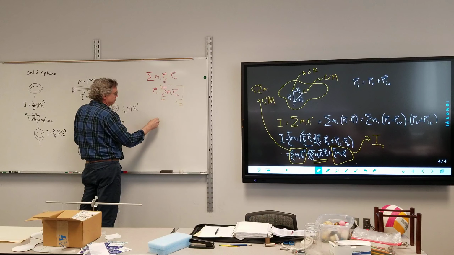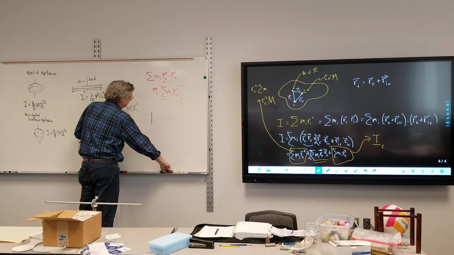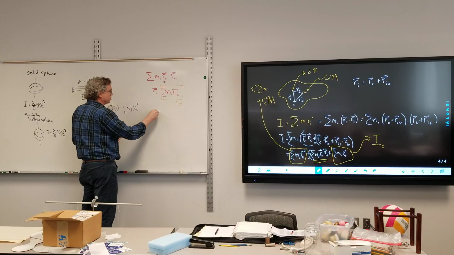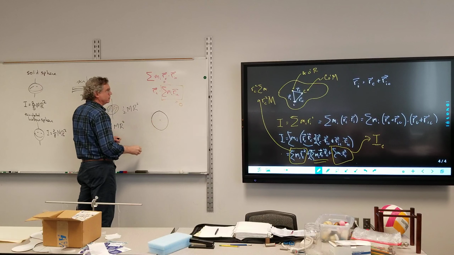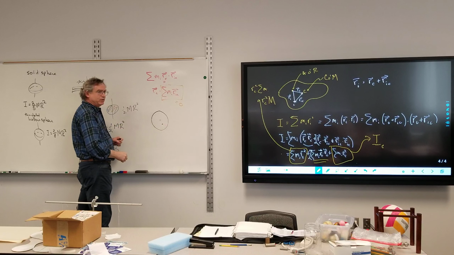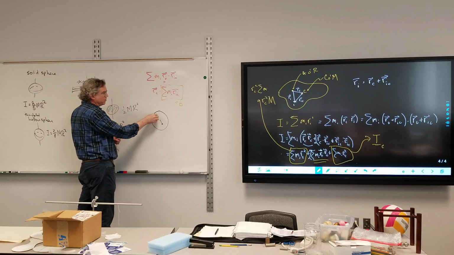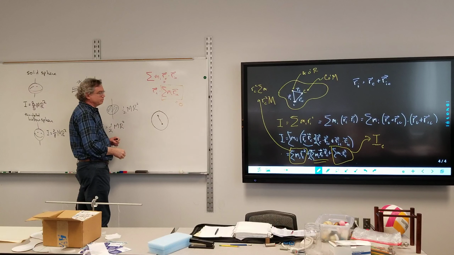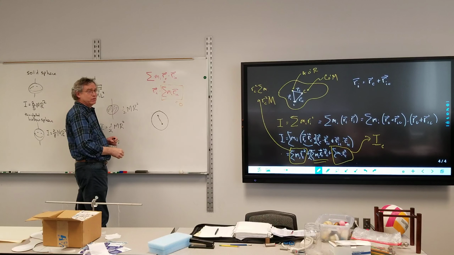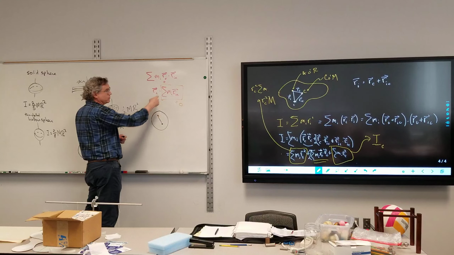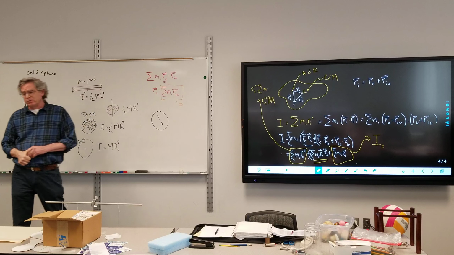Because if we imagine a simple shape like a circle, I got my center of mass here. If I'm looking at some tiny little mass there, I've got mass times that vector. There's going to be one on the other side, that when I add them together, I'm going to get 0. This is going to balance out when finding the center of mass.